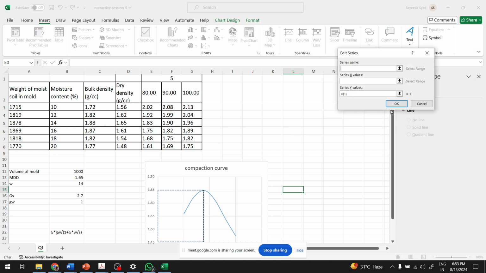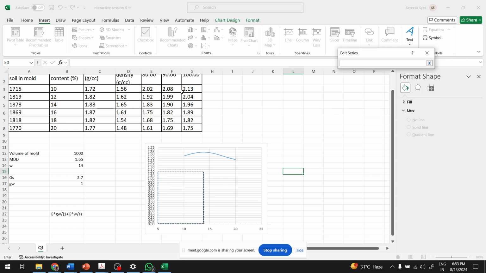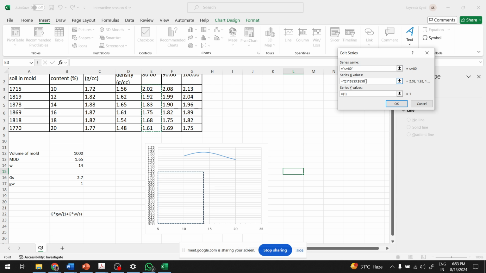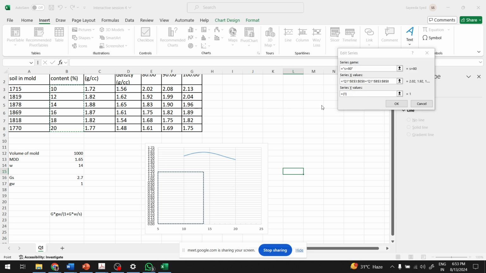Add S equal 80. X value, water content, Y value, this. X value, water content.